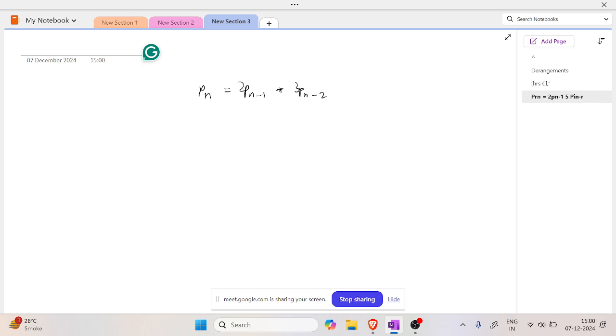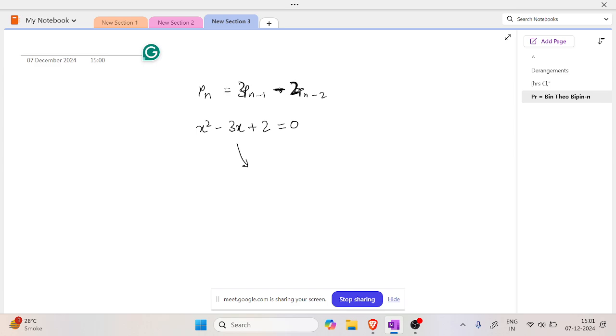So let's say you have something like this, a bit nicer. You consider the characteristic equation. This is actually a bit hard to show how it works, but basically it does work.